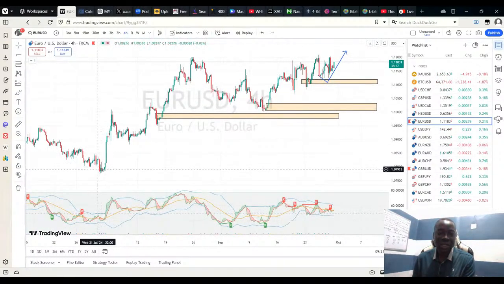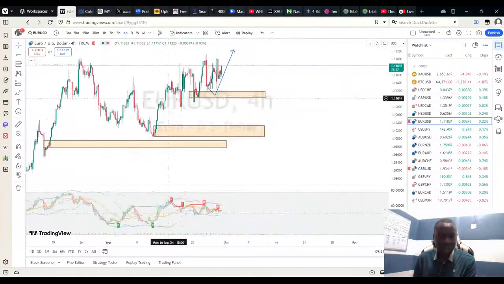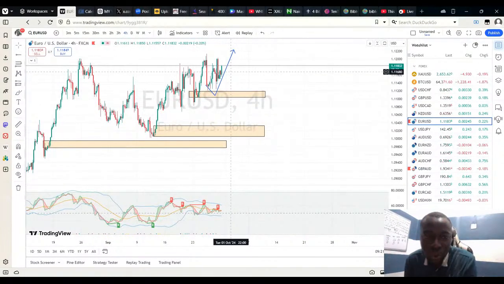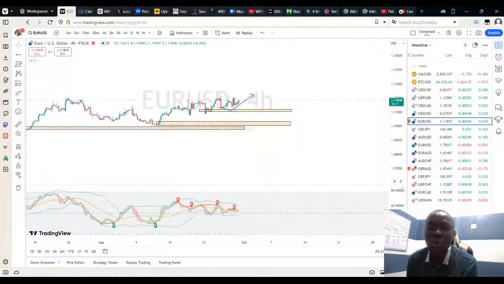We can still see that the market is still pushing in an upward direction. We can still see that buyers are still holding on strongly. If I'm going to be doing anything at all, I'm still going to be looking for more buy opportunities on this Euro USD.